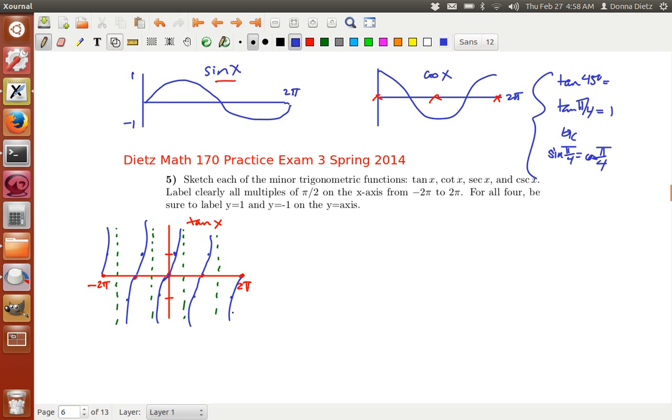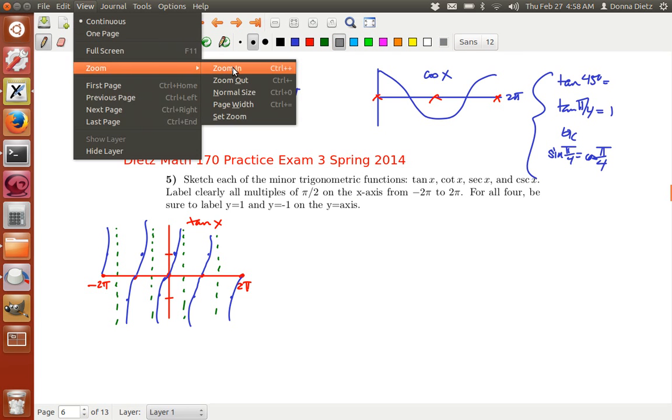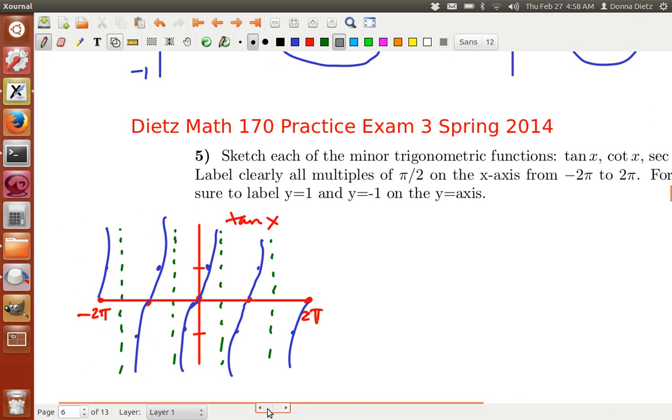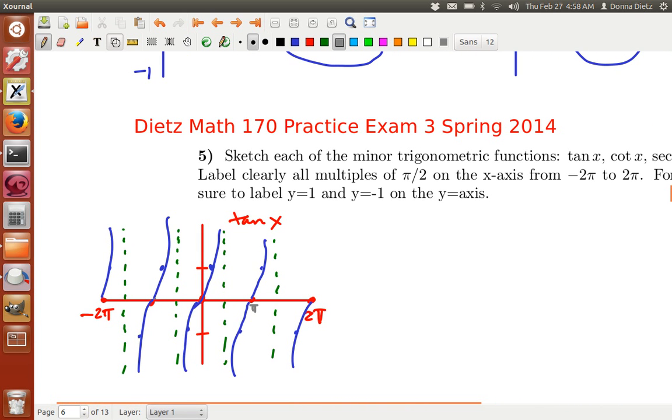It says clearly label all multiples of pi over 2. So I've got to go through and do that. There's pi, minus pi, pi over 2, 3 pi over 2, minus pi over 2, minus 3 pi over 2.